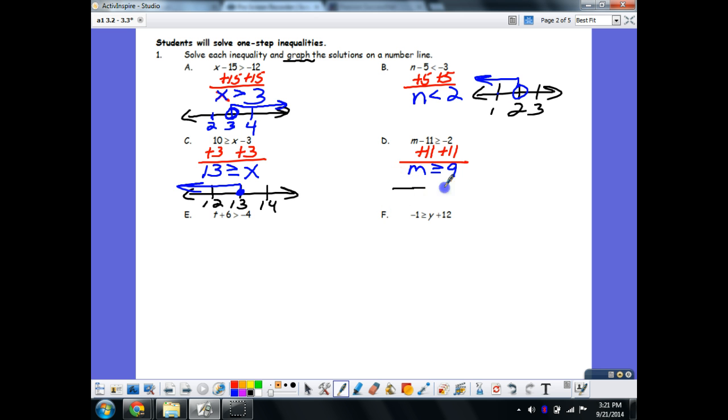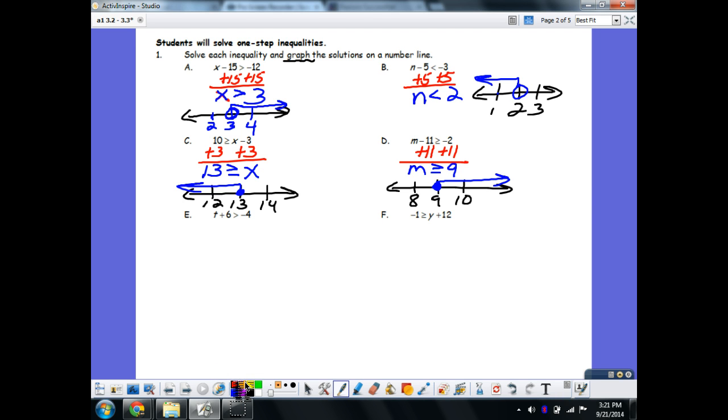And to graph this, we would put, again, a closed circle at 9, because 9 is a solution, because of that greater than or equal to symbol. And pick a point. 8. Is 8 greater than or equal to 9? The answer is no. So then we would shade the opposite direction.